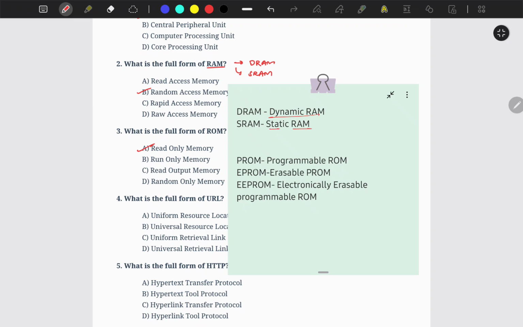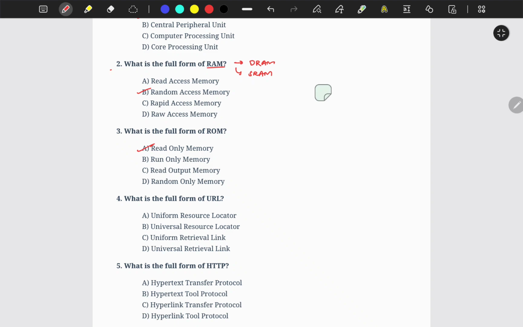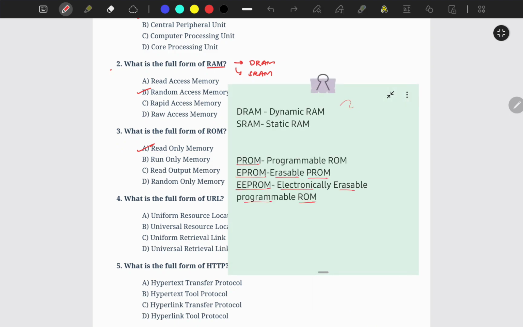Similarly for ROM we have PROM, EPROM and EEPROM. The full form of PROM is programmable ROM. Similarly, EPROM is erasable programmable ROM, and EEPROM is electronically erasable programmable ROM. These are easy, but they might ask different kinds of ROM and RAM.